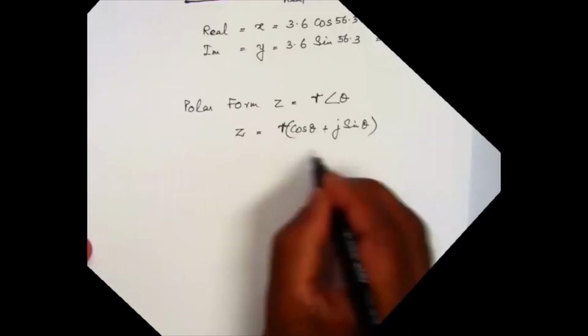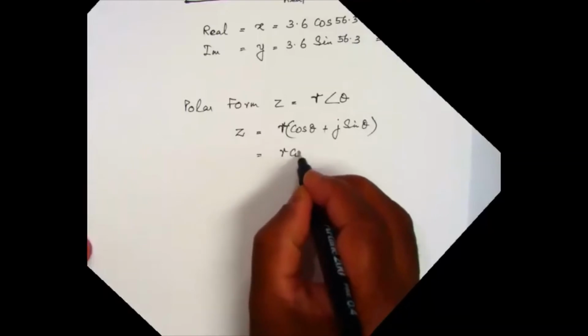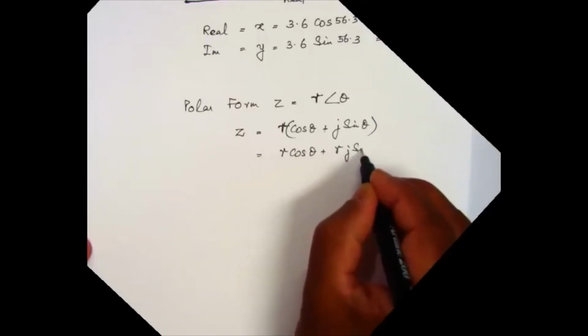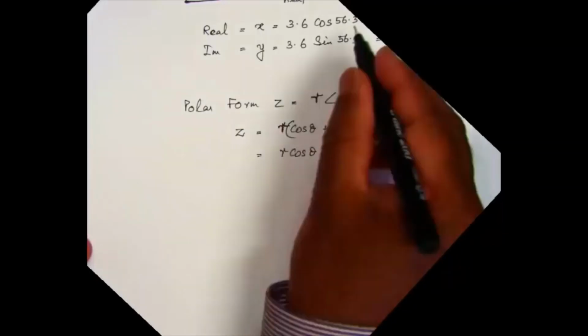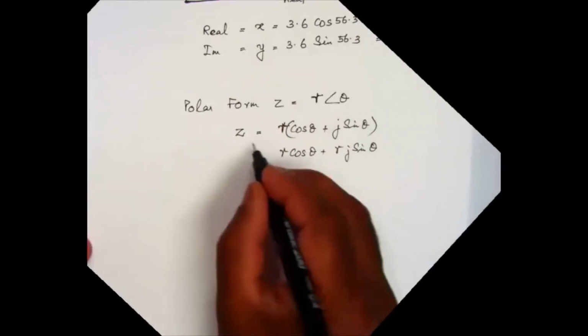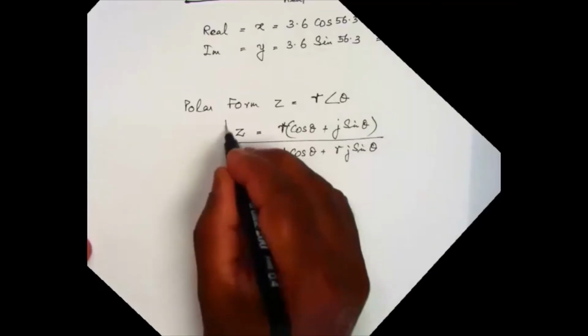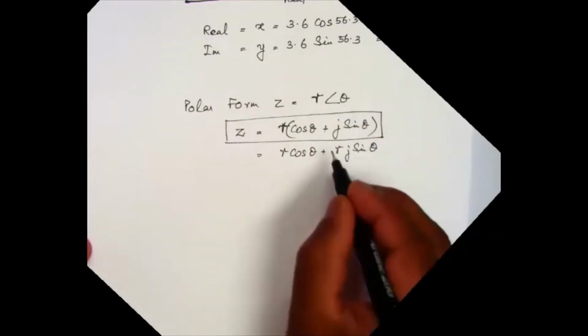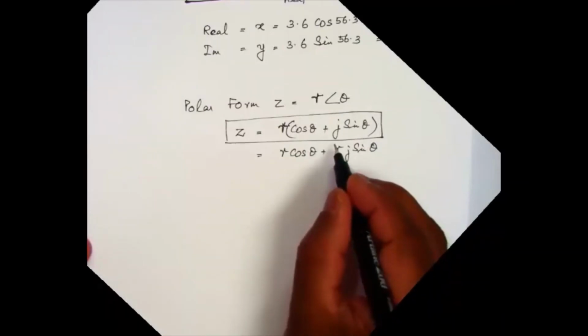So in other words, this is the same as r cos theta plus r j sin theta, which will give you the same result. So this is the trigonometric form of representing this complex number.